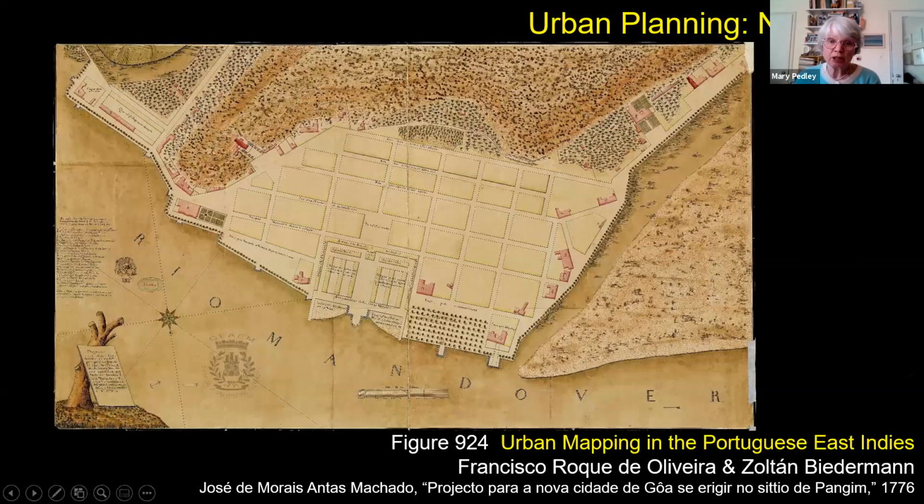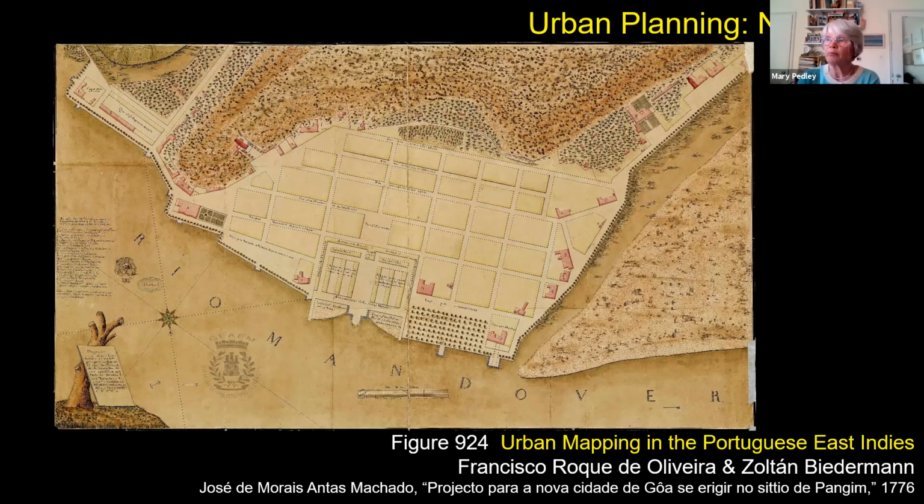Sometimes a city did need to be abandoned, as in the case of Goa in India, which was a Portuguese depot, a very important trade counter, a depot in Portuguese East. And Goa was a very low-lying, marshy, malaria-infested area, and by the late 18th century needed to be moved. And so mapping is used for planning new towns.